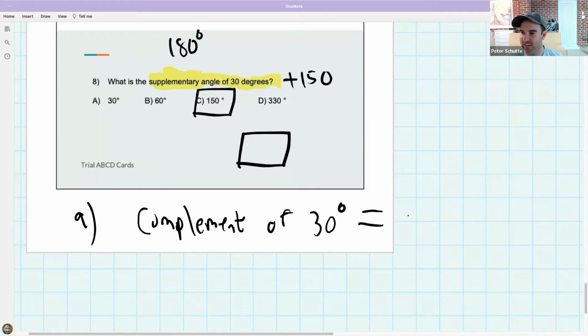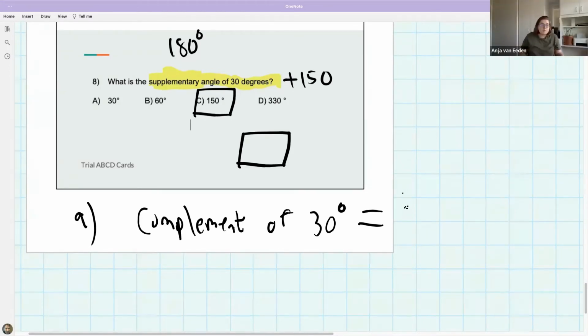Sir? Yes. While we do that, can I show the kids something that I used to do when I was still teaching? Yeah, go for it. So when someone gives you a compliment, you say, thank you. And that gives you 90 degrees. So it needs to add up to 90.